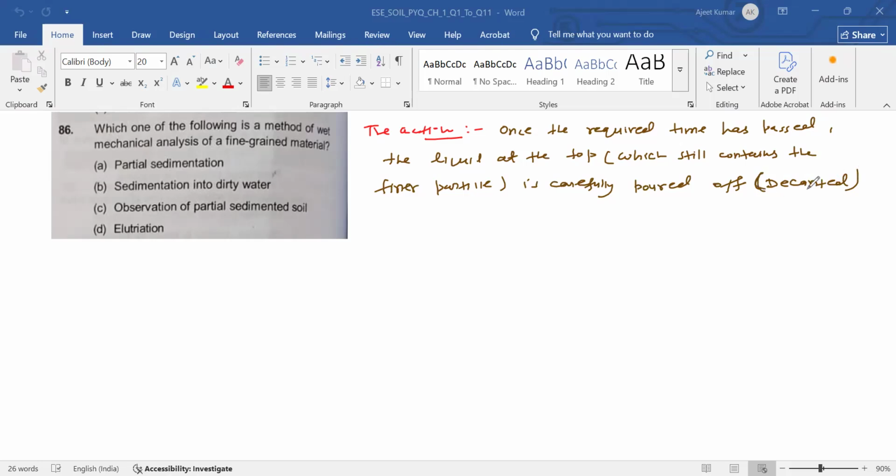I'm writing this in brackets: decanted into another container. Okay, what is the purpose? Let me explain the purpose.